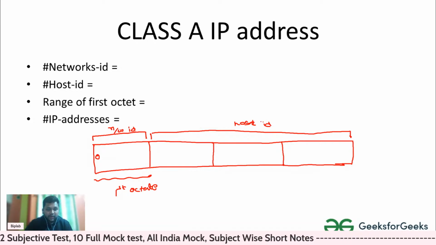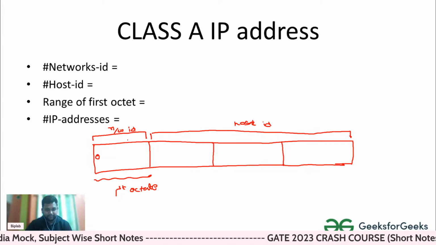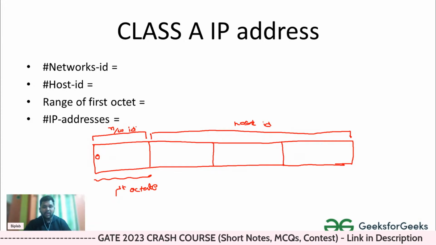So tell me, how many network IDs are possible here? How many network IDs can you have? Anyone? Please answer.